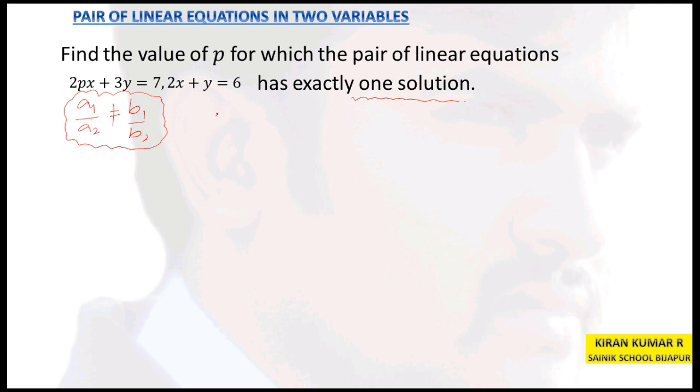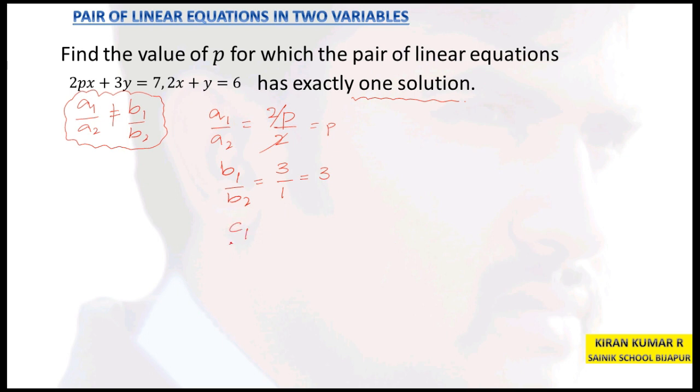Let me find out what is a1 upon a2. For these two equations, a1 upon a2 is 2p upon 2. 2 will get cancelled, you get only p. Let me find out b1 upon b2. b1 is 3 upon b2 is 1, so we get the value of b1 by b2 as 3.